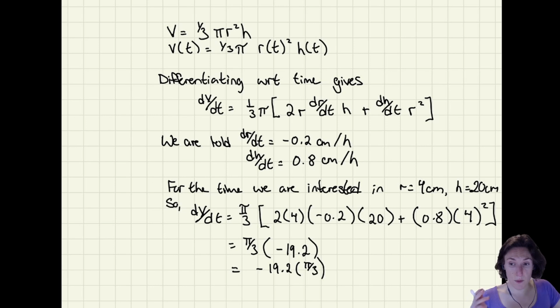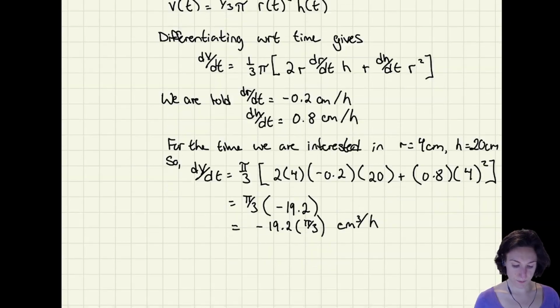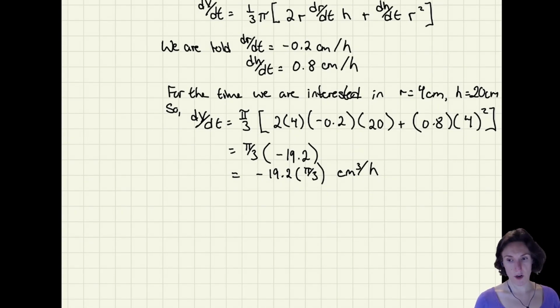Now, what is my units here? Well, volume is something cubed, and we're doing everything in centimeters. So this would be centimeters cubed. And on the bottom of this derivative, we're talking about the rate of change of time. So this would be centimeters cubed per hour, because hour is the quantity for time we're talking about. And because this number is negative, it means that the volume is decreasing.